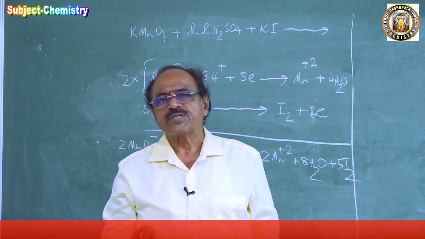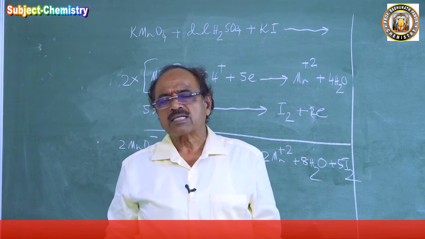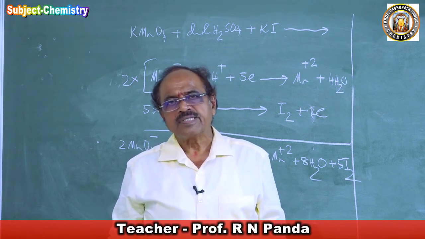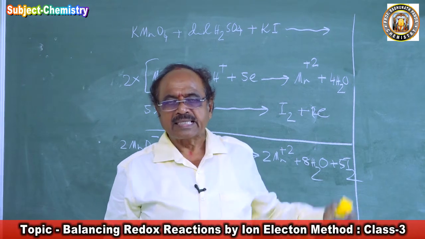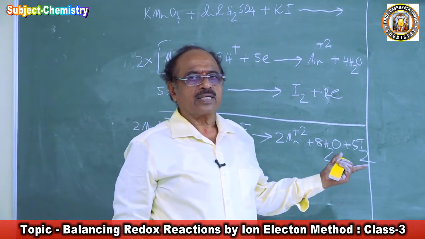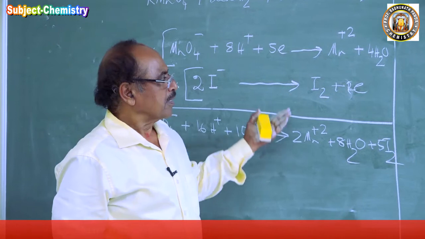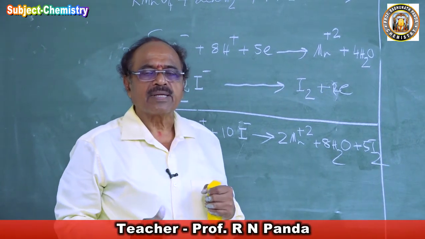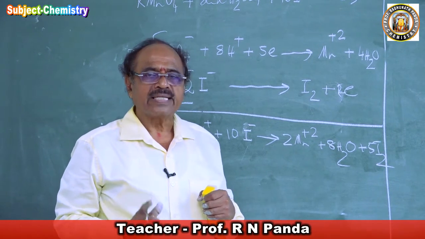That is real chemistry. The rest is the physics of the chemistry. Physical chemistry is the physics of the chemistry. But real chemistry is inorganic and organic chemistry. A student should be very much equipped in how to write the chemical formula and how to balance the chemical equation.